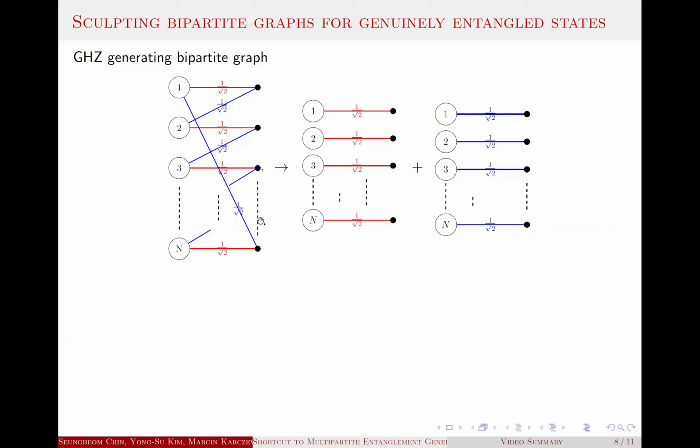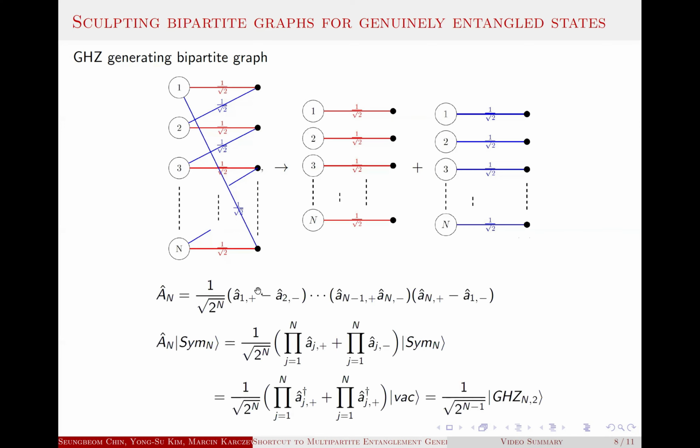So we directly know that the final state consists of these two subgraphs, and we can also check that by directly mapping this graph into operators and checking the final state. And indeed, the final state becomes the GHZ state.